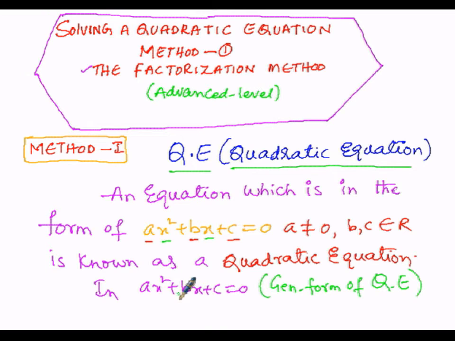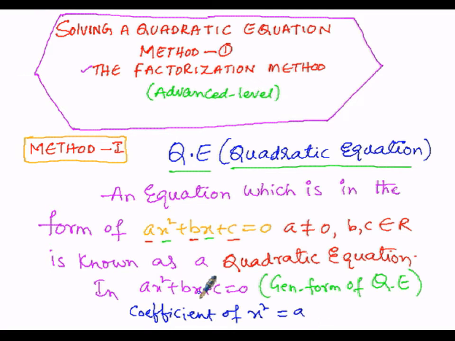Say in this particular quadratic equation, ax square plus bx plus c equals to 0, the first term is x square, the second term is bx, the third term is c. The coefficient of the first term, that is x square, is a.